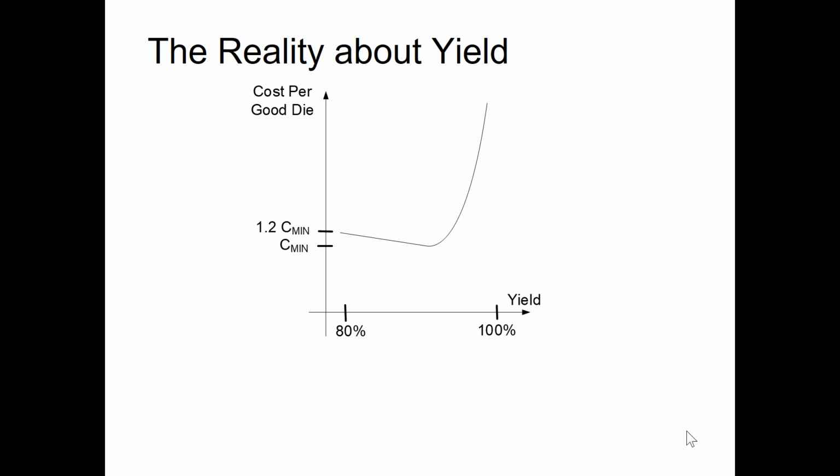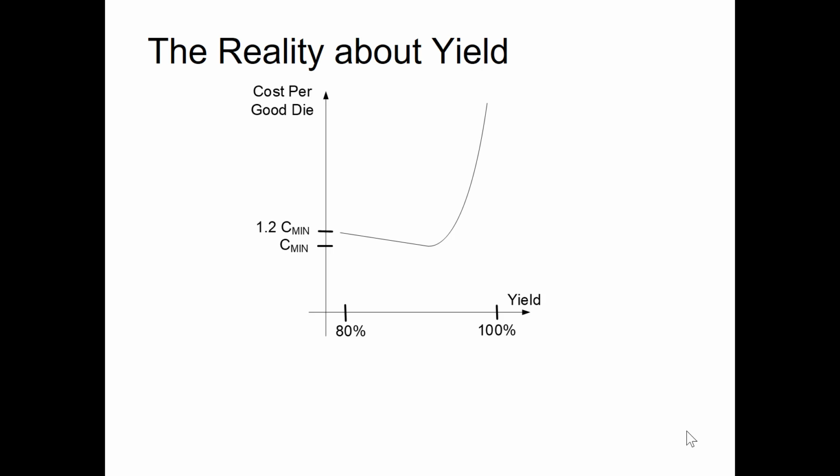Yes? How has this curve changed over the last 3 years? This is just an artist's drawing. It's been in the same general shape all along. So the only change is where that inflection point is going to be. It may be the case that for some products that inflection point is 10%, and other products that inflection point might be at 99.9%.